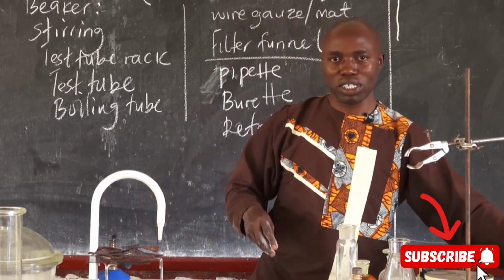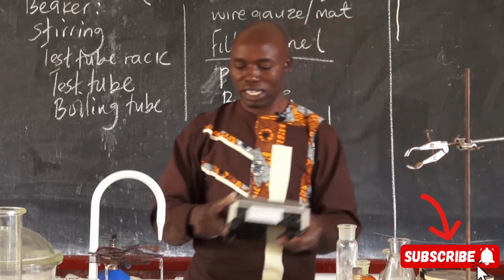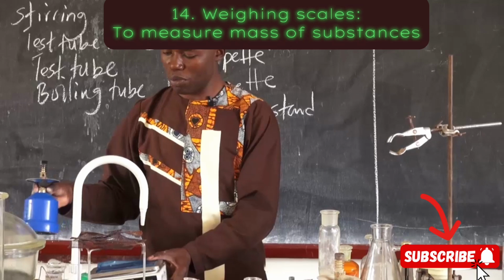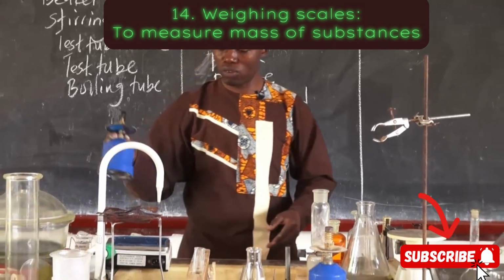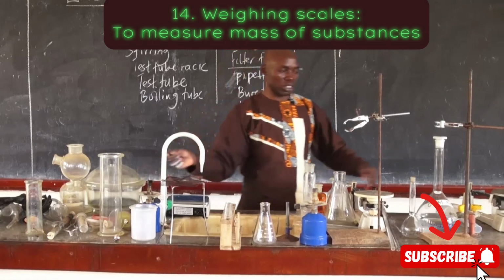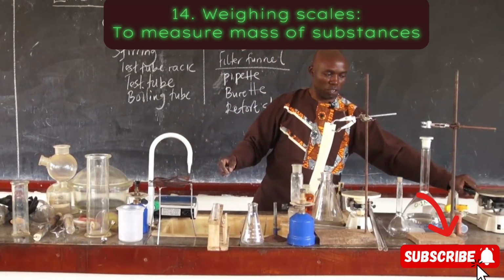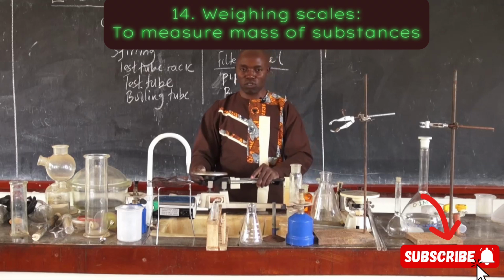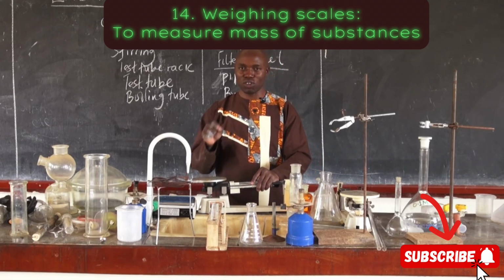Let me talk about apparatus used for weighing. We have weighing scales of various types, and they also vary in accuracy. We have what we call an analytical balance, which is not here, which is actually very, very accurate. So here I have a triple beam balance used for weighing.